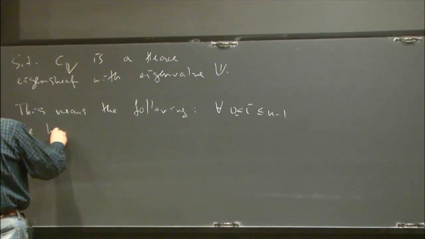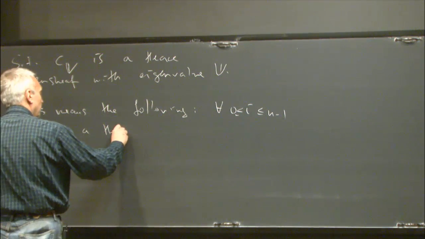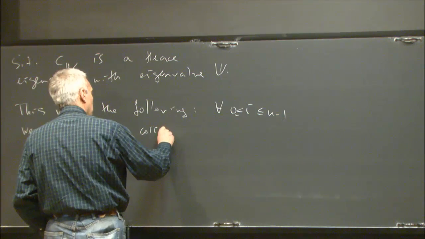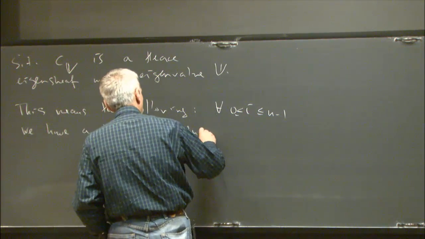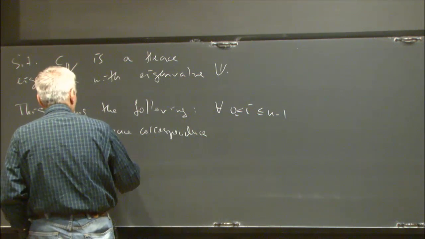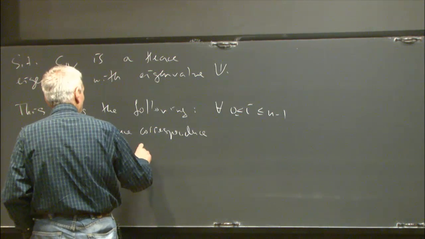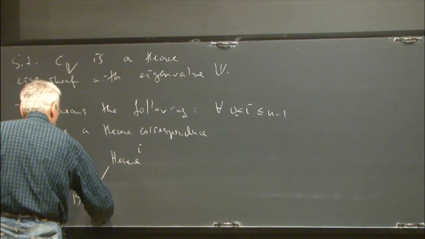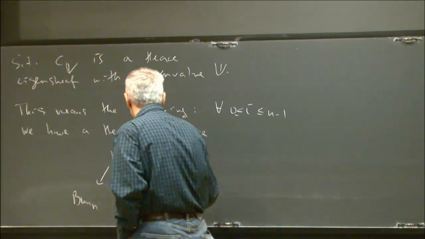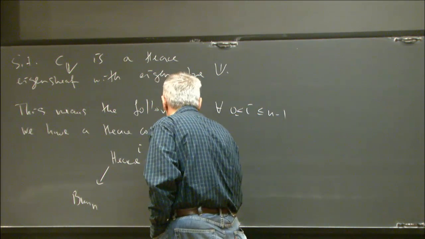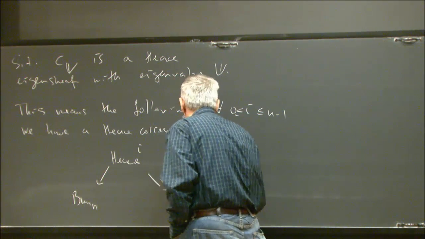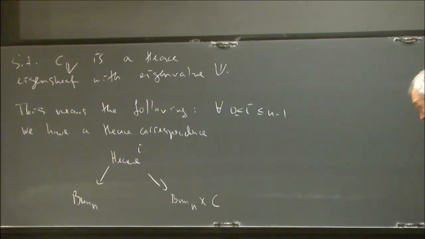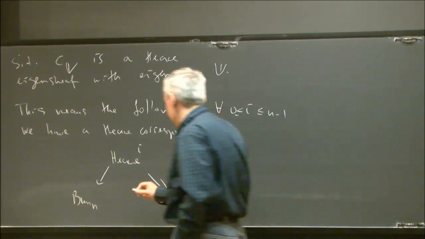We have a Hecke correspondence Hecke_i that goes from the stack of bundles to the stack of bundles. So it depends on a point of the curve. If you put all of them together, it's really a correspondence from the stack of bundles to the stack of bundles cross the curve.